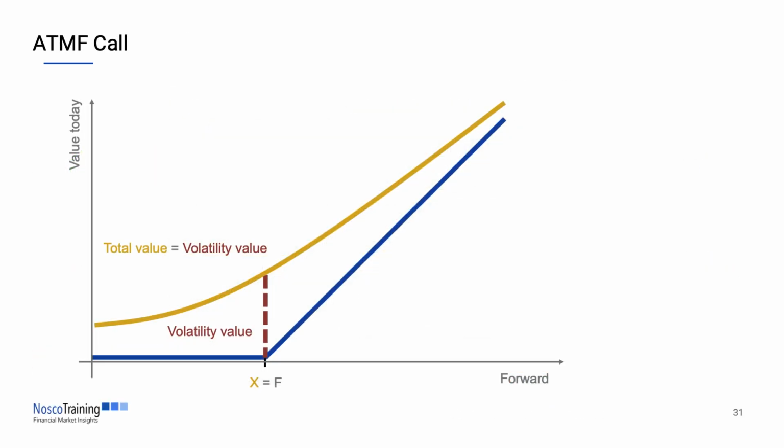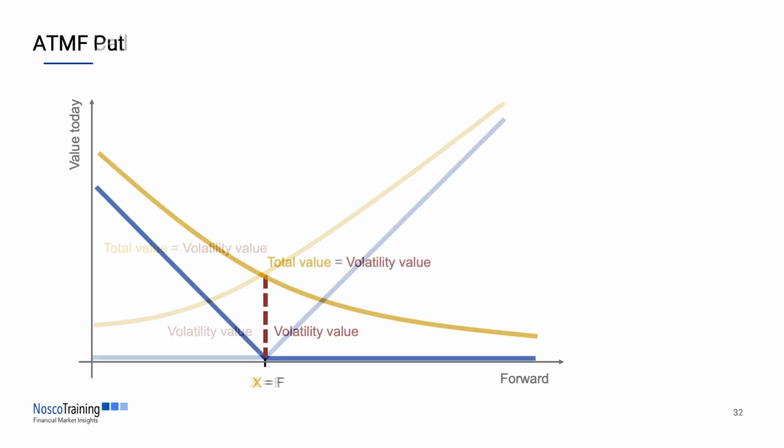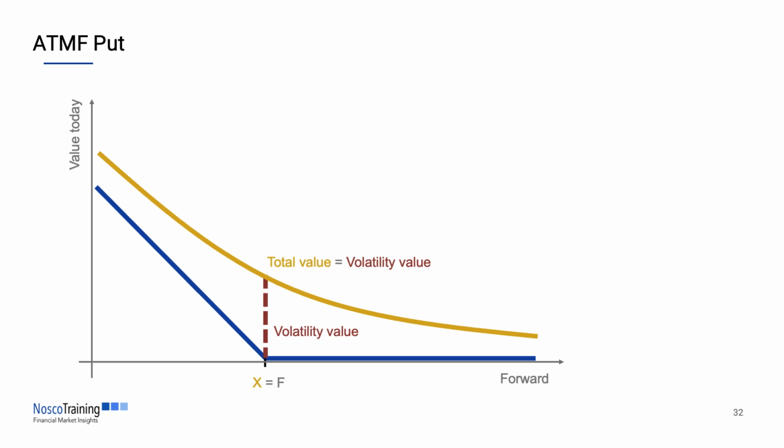We can again look at the option diagram to visualize the value decomposition. First, consider the at-the-money forward call. Its entire value consists of volatility value. The same is true for the at-the-money forward put. As the diagram shows, its value is also made up entirely of volatility value.